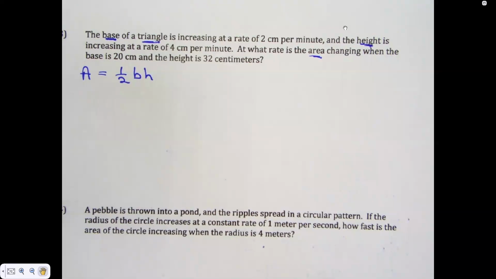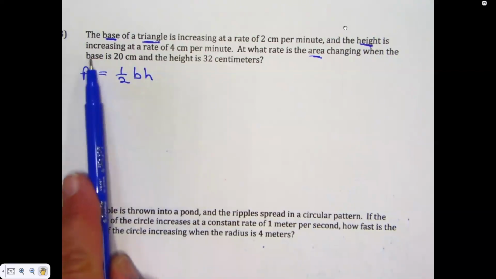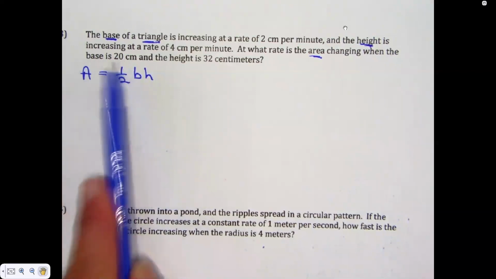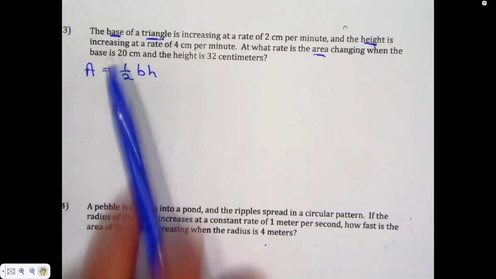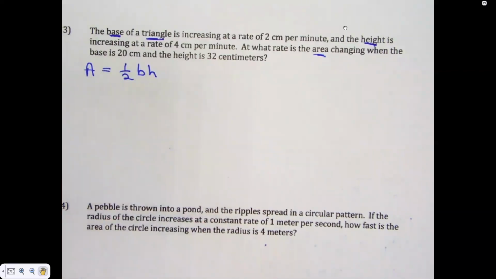Just like the radius, remember the last problem, the radius was 8, it never changes. But I think here, everything is changing, okay? The base is always changing. Eventually, we want to say stop, and we're going to use 20. But if it's changing, we can't use the 20 until after we take the derivative, okay?